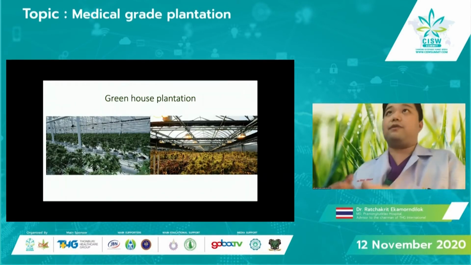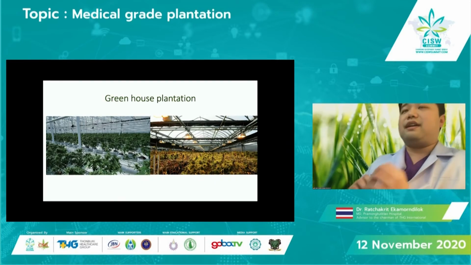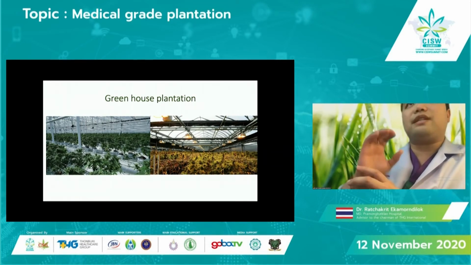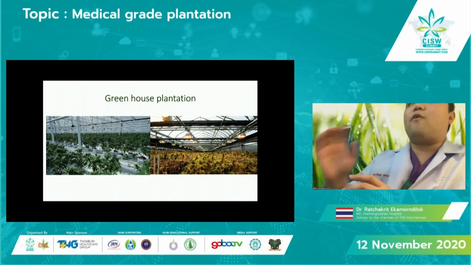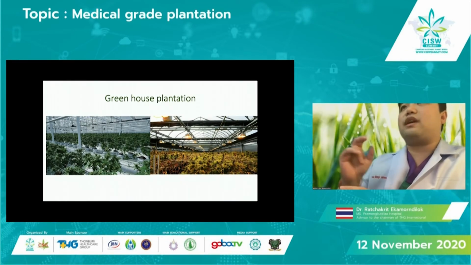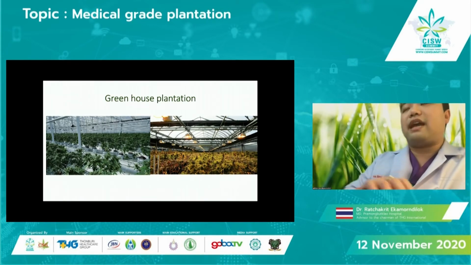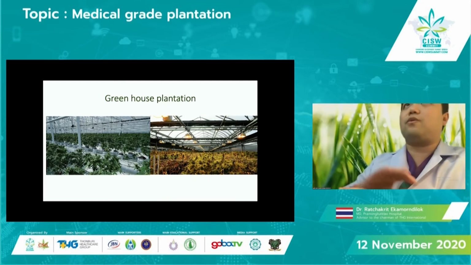When we upgrade to the greenhouse plantation, it's a hybrid. You can use light from the natural source and from an artificial source, and you can control pests because you're growing in a greenhouse. The difficulty is the temperature.